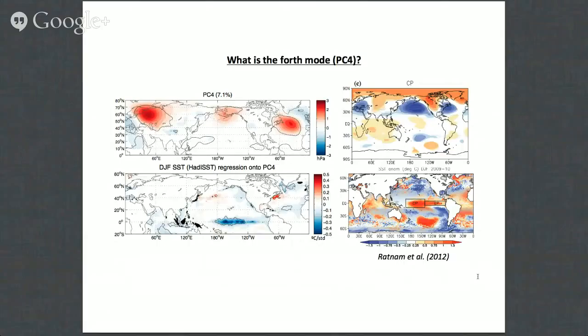And Dr. Chang told me people are going to argue about this PC4, because it explains too little variance and we don't know whether it's real or not. So if I want to make a link between this Central Pacific SST and the atmospheric pattern over the Labrador Sea, do you have any suggestion what I should do?